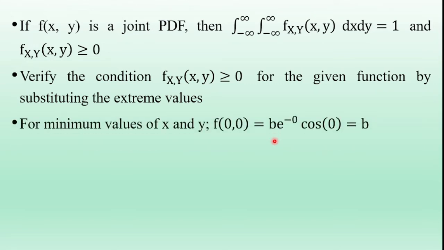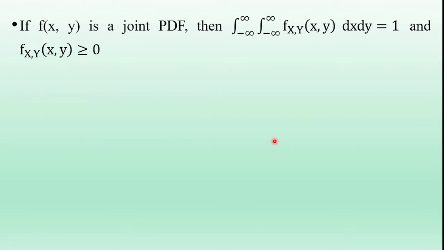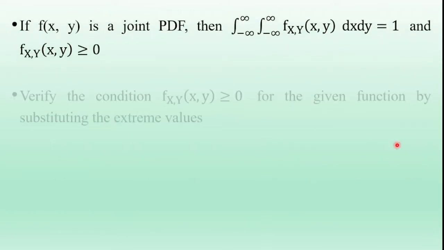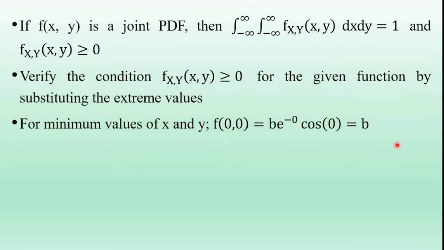So from the given data, the range of x is 0 to 1 and y is 0 to pi, and the minimum value of x and y is 0 comma 0 and the maximum value of x and y is 1 comma pi. So first substitute 0 comma 0. The given density function is fxy of x comma y is b e power minus 2x cos of y by 2.